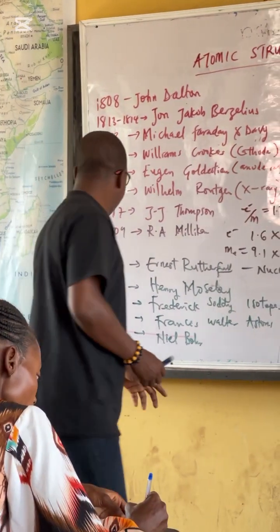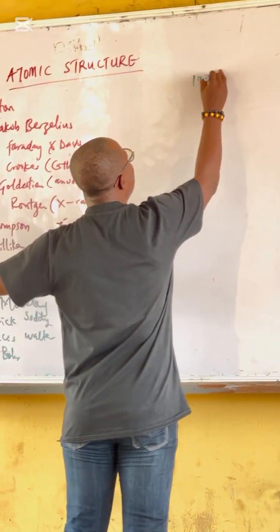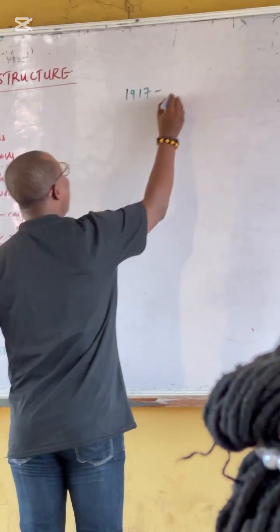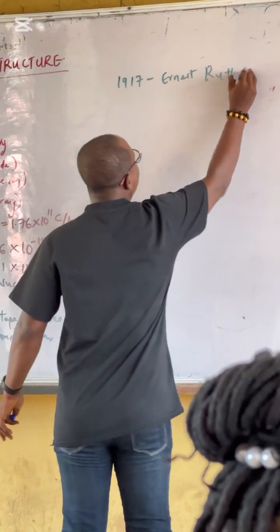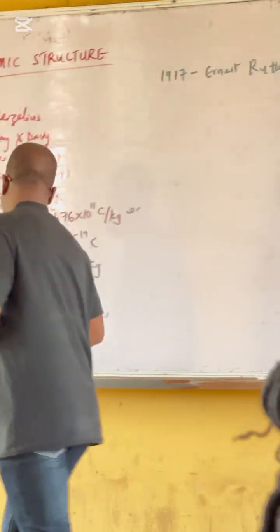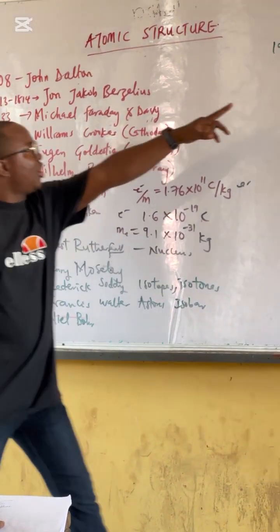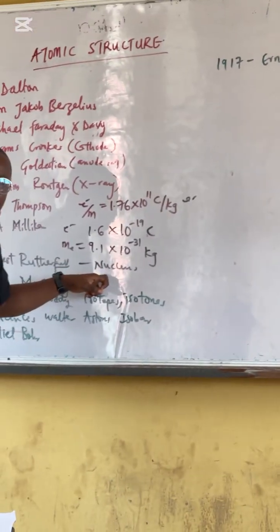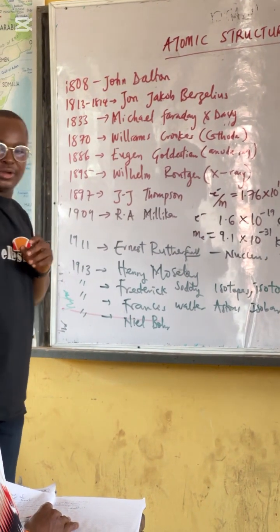However, after 1913, in the year 1917, Ernest Rutherford continued his research and he was able to discover the proton. In a nutshell, we can say that the proton and nucleus were discovered by Ernest Rutherford.